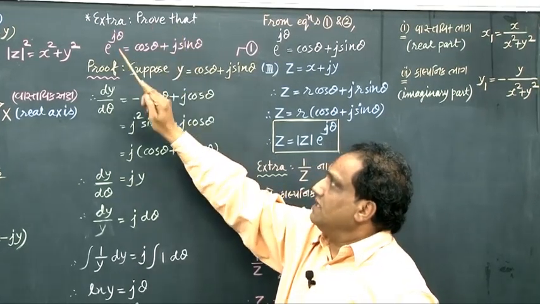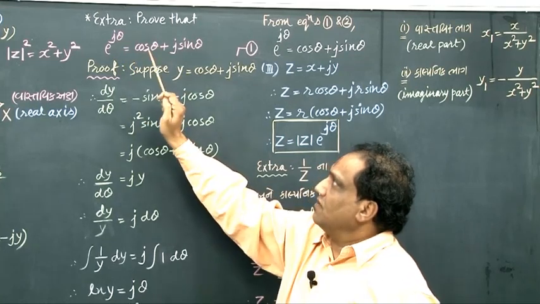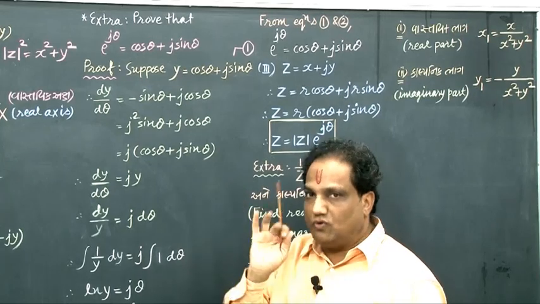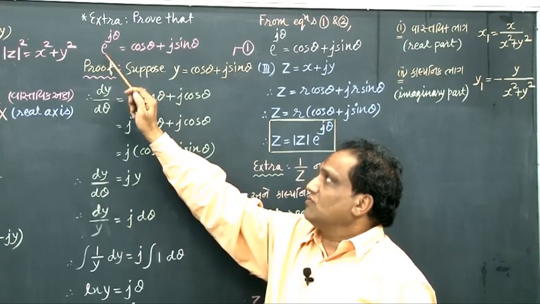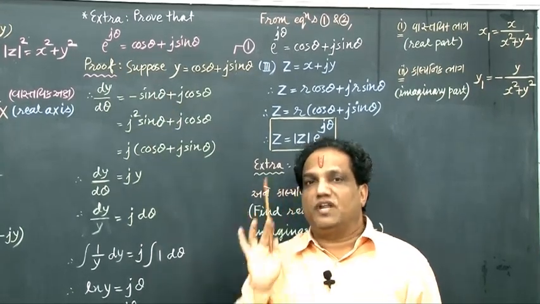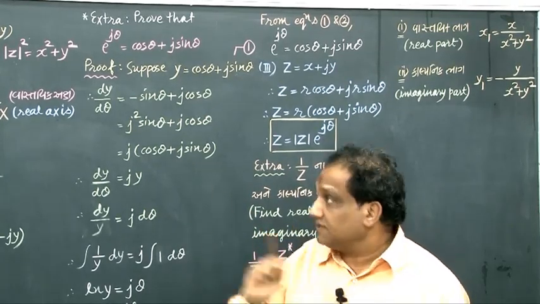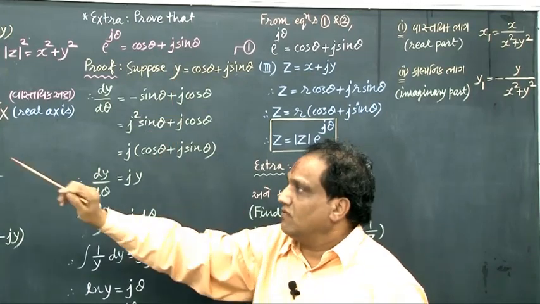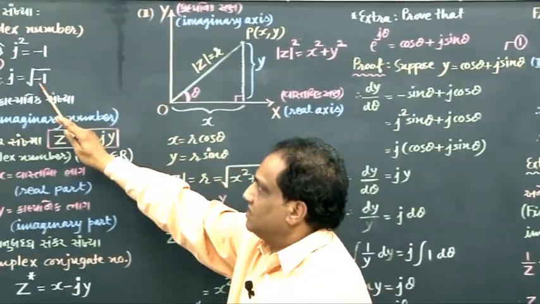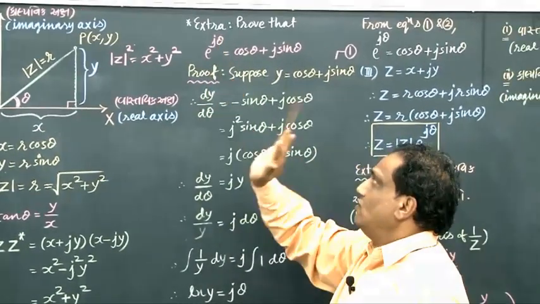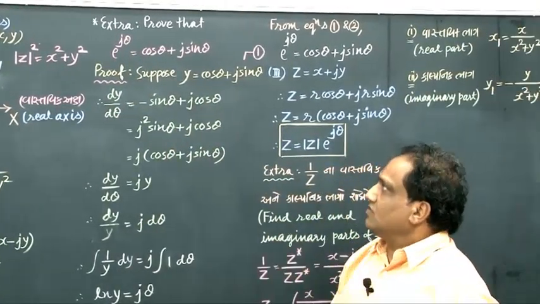Prove that e raised to j theta equals cos theta plus j sin theta. How to prove? I am showing you. What is small e? Base of natural logarithm. The value is 2.718. J equals under root of minus 1, which is an imaginary number, and theta is some sort of angle.